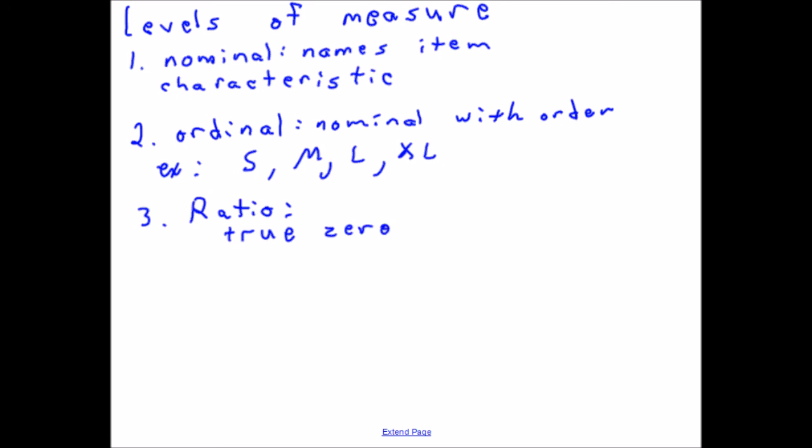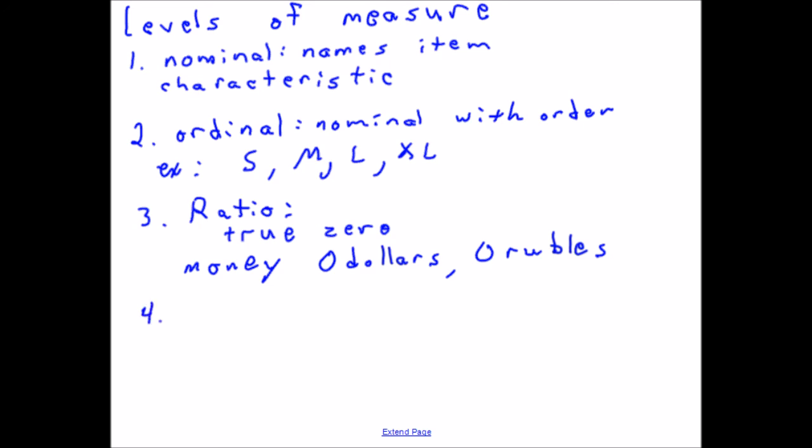An example is money. If I have $0 or 0 rubles or 0 euros or 0 yen, I'm flat broke. It doesn't matter. If I have $5, I have 5 times as much as somebody who has $1.